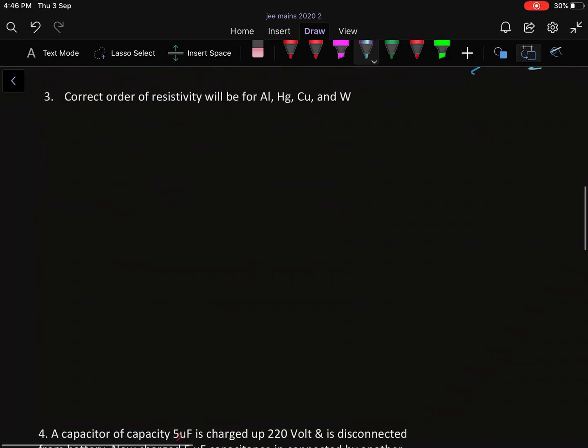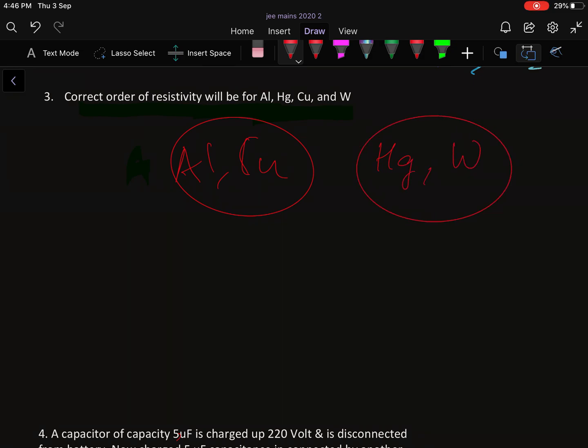In the next question they asked something completely memory based. They asked about the resistivity order of aluminum, mercury, copper and tungsten. As we all know, aluminum and copper are very good conductors, and mercury and tungsten are also metals, but they are not good conductors.